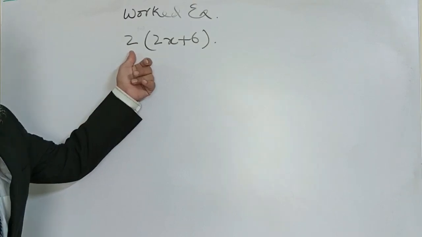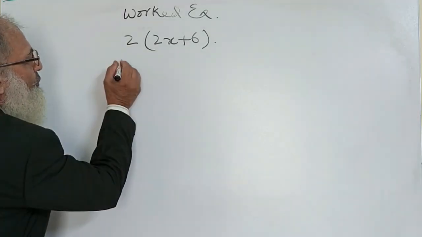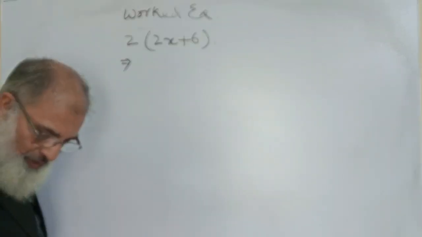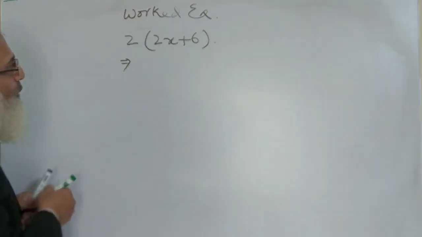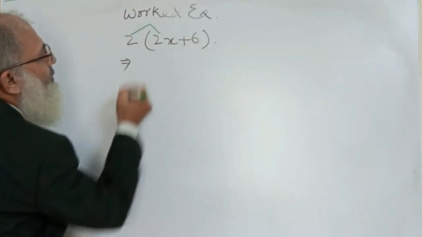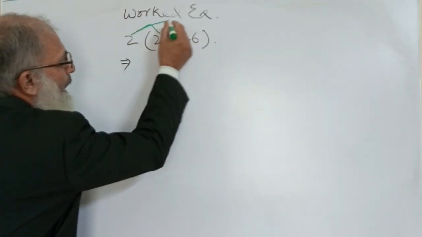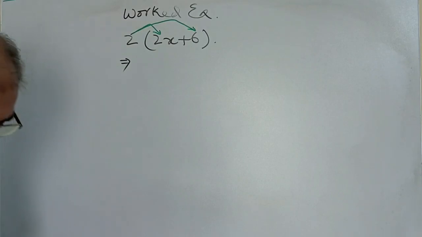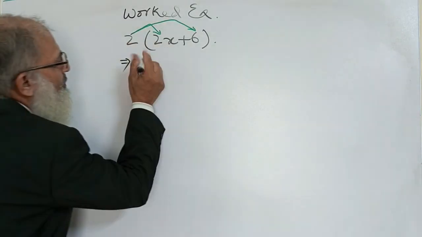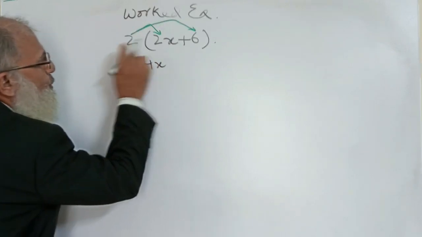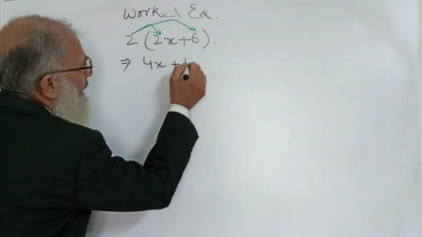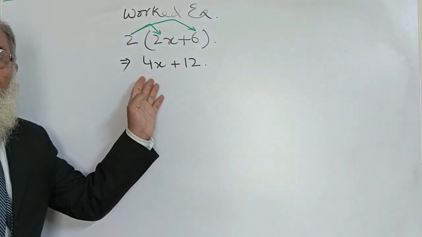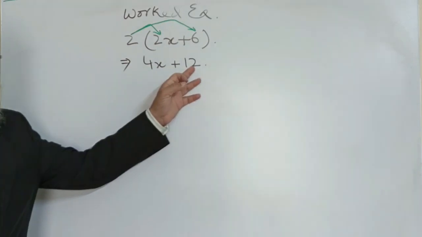Now here we have got a constant over here. Now what we have to do is we'll multiply 2 with 2x and then 6. Very simple. 2 times 2 is 4x. 2 times 6 is 12. Now here you see that it has become 4x plus 12.